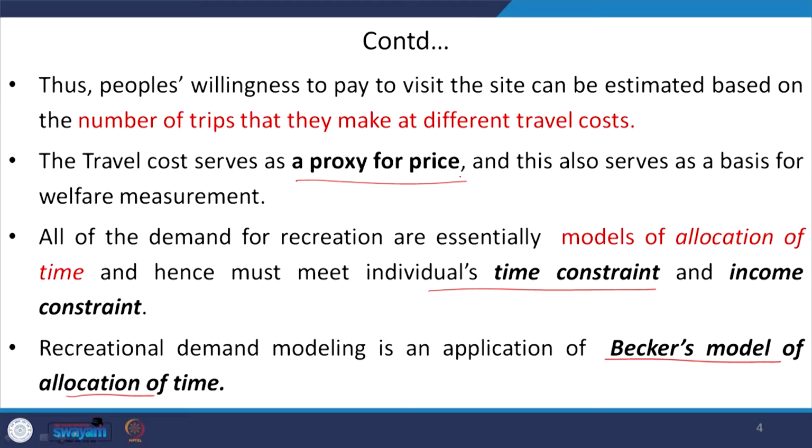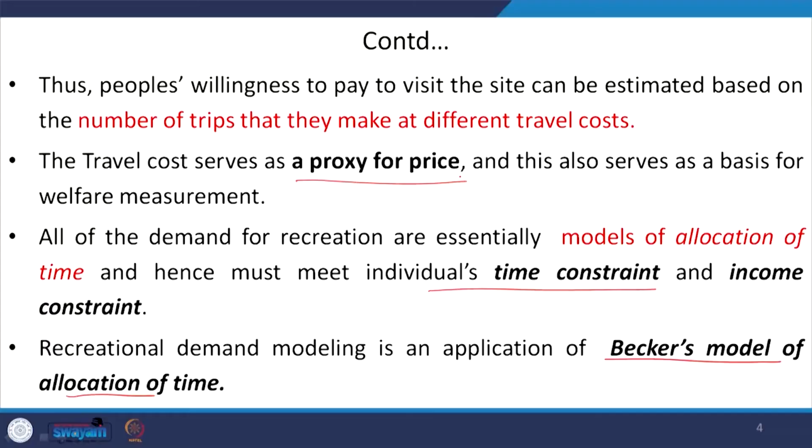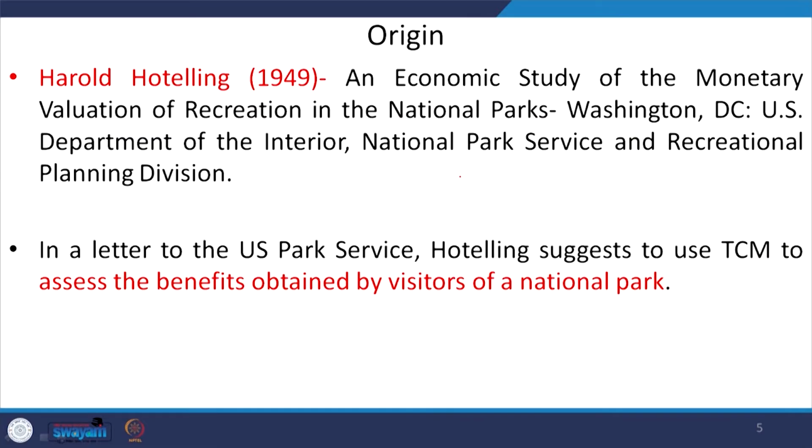The willingness to pay is estimated based on the number of trips, the number of times visitors visit that particular site at different travel costs, maybe per year or maybe over 5 years. Taking into account this theoretical framework, the travel cost method has been modeled.